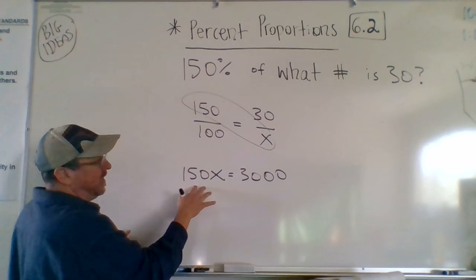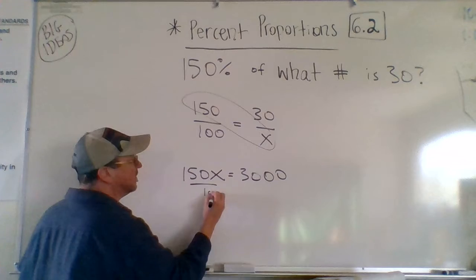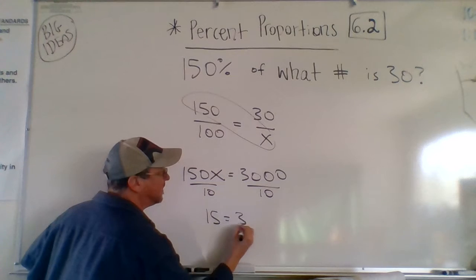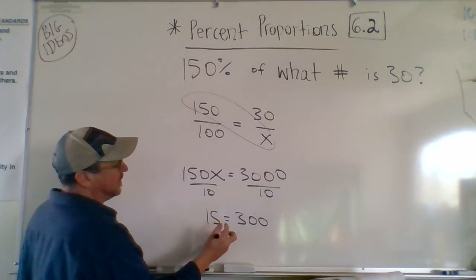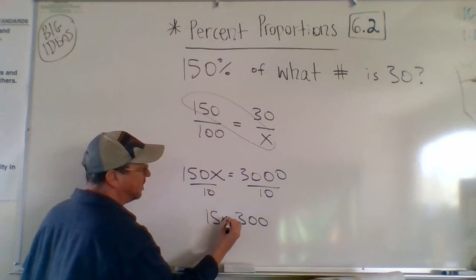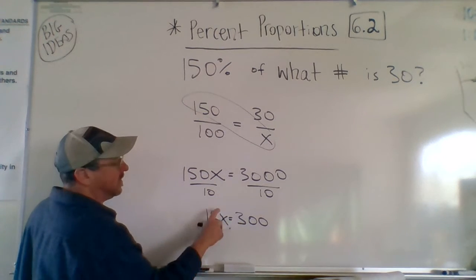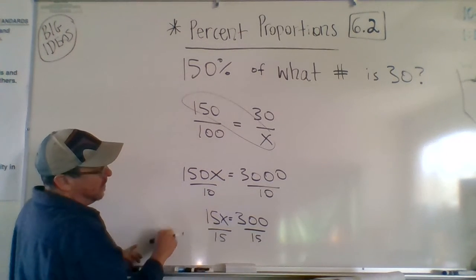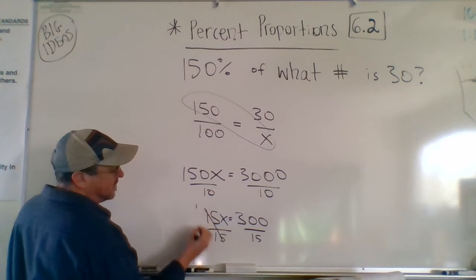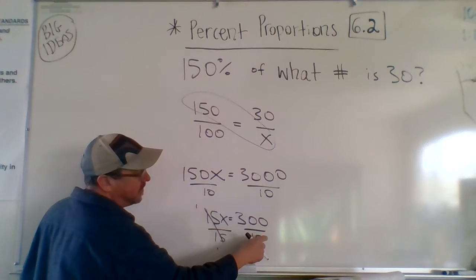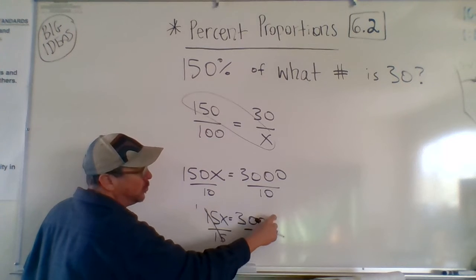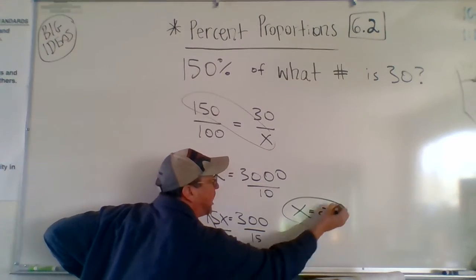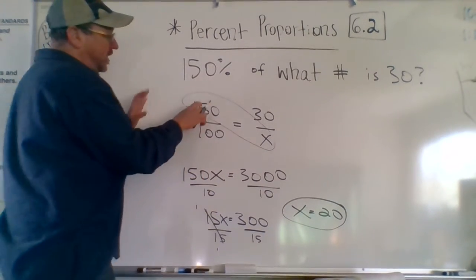Right away, just in my brain, I'm thinking divide both things by 10 to make the numbers a little bit more manageable. 15x is equal to 300. So now I'm going to divide both sides by 15. So 15 divided by 15, of course, is the 1. 300 divided by 15, 30 divided by 15 is 2, and then that extra 0 gives me x is equal to 20.